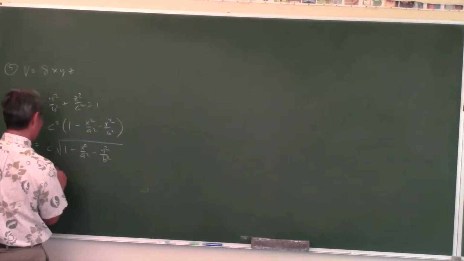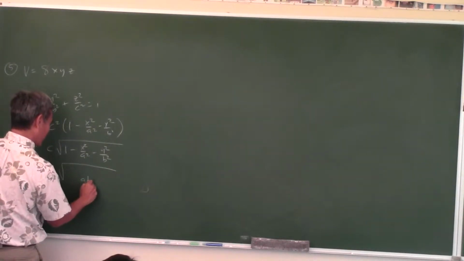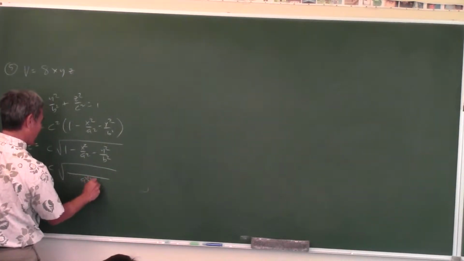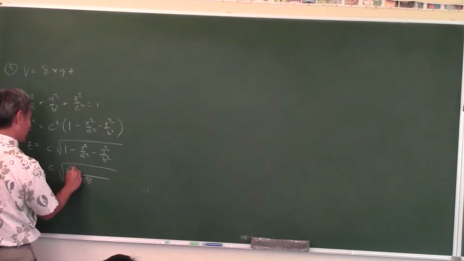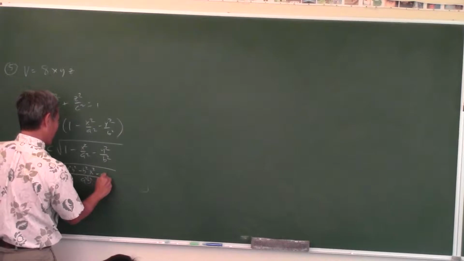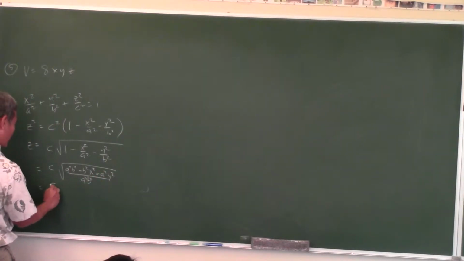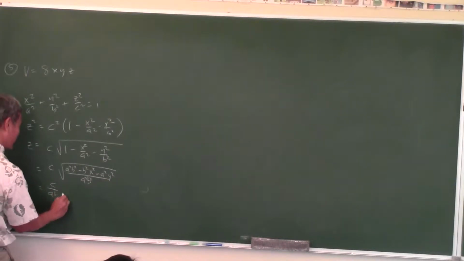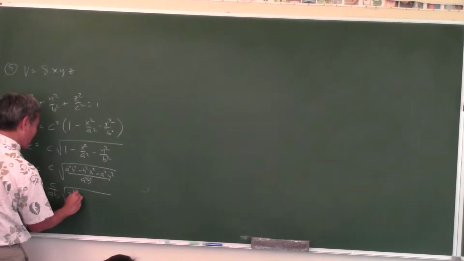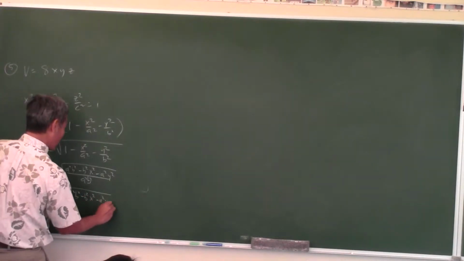Didn't we simplify this the last time too? Yeah. Using the least common denominator, a squared b squared, you're going to get a squared b squared minus b squared x squared minus a squared y squared, correct? Yes. But then the denominator can come out as ab, so you're just going to get the square root of a squared b squared minus b squared x squared minus a squared y squared.